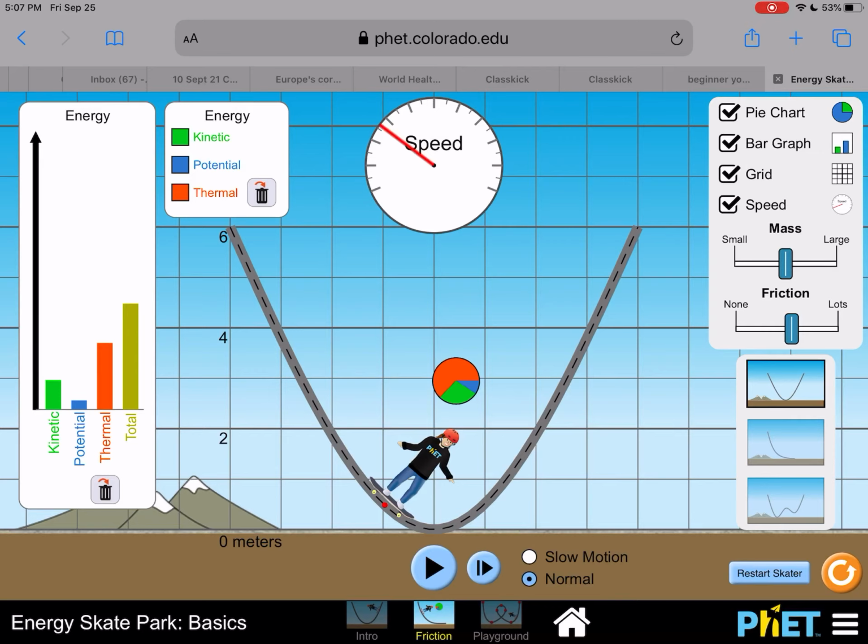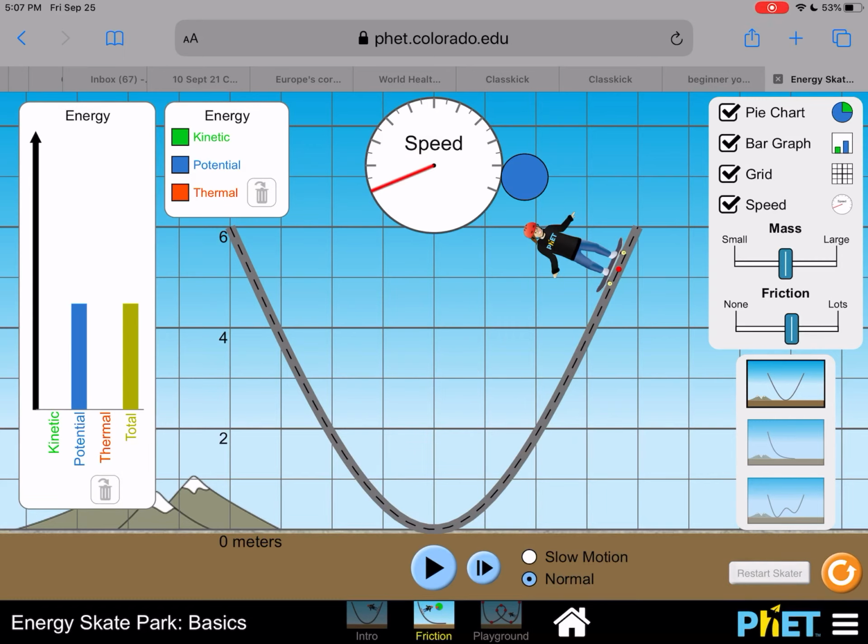But what's happening now also is this thermal bar, this red one, gets bigger and bigger, and it never comes back down. Once it goes into that column, it does not go back. It does not transfer anywhere else. That is important.